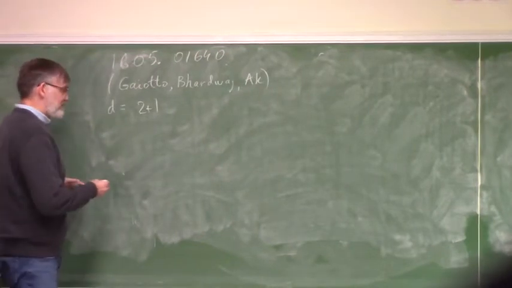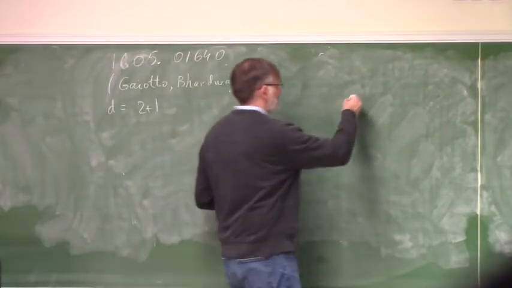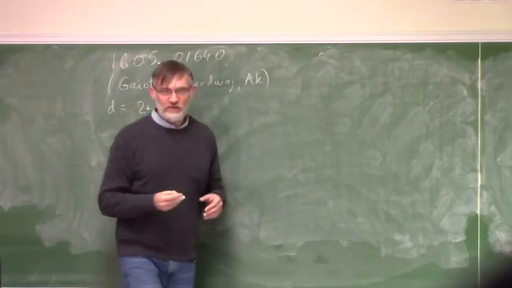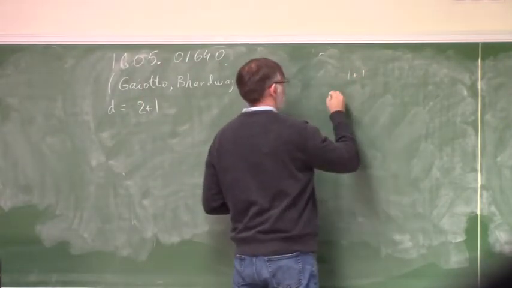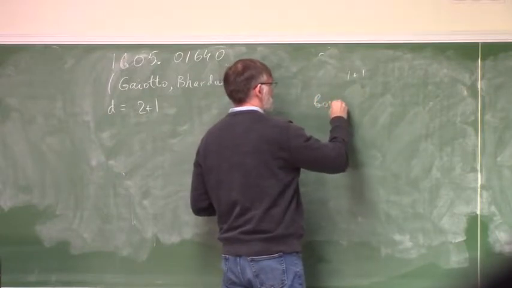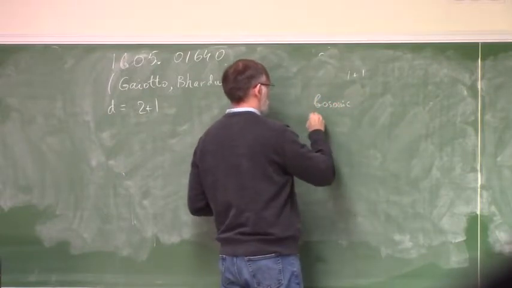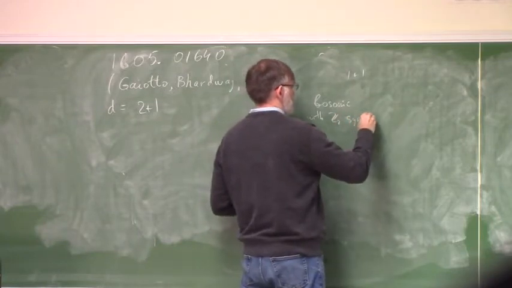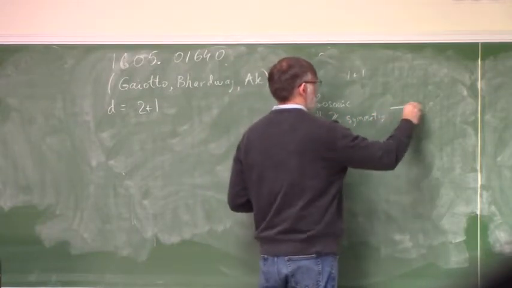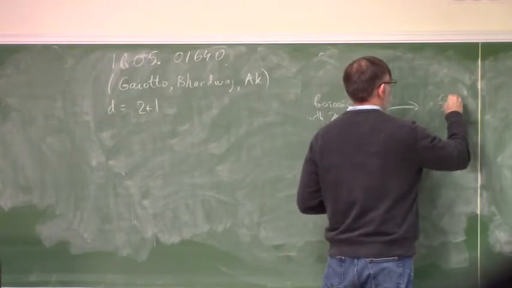So let me start with the analogy of 1 plus 1 dimensions, which suggested this whole story. In 1 plus 1 dimensions there is a well-known correspondence. We have bosonic systems with Z2 symmetry, and fermionic systems.